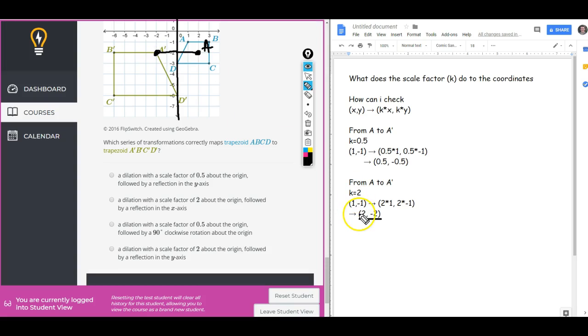That is what makes the x-coordinate negative, followed by the reflection over the y-axis. So that means that 2, negative 2 becomes negative 2, negative 2. So yes, it is a dilation with a scale factor of 2 about the origin, followed by a reflection in the y-axis.